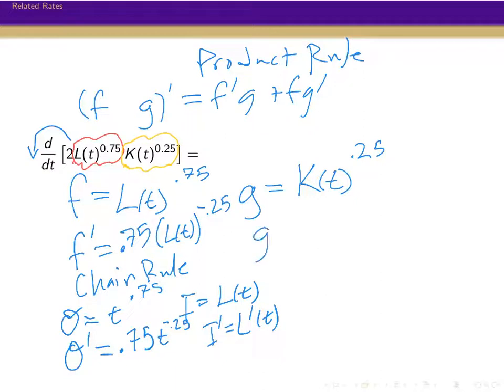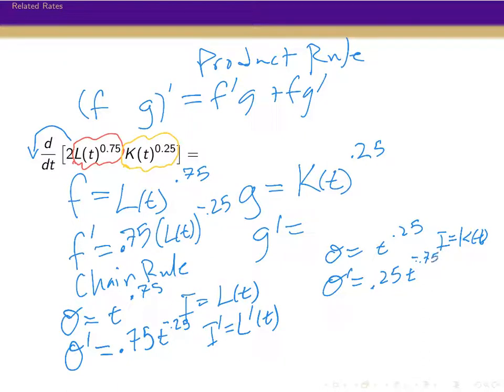Okay, we have to do something similar for K of t to the 0.25. So here, the outside function is t to the 0.25. Inside is K of t. Derivative of the outside, the 0.25 comes down, t, and then 0.25 minus 1 is going to give me minus 0.75. Derivative of the inside here is just K prime.